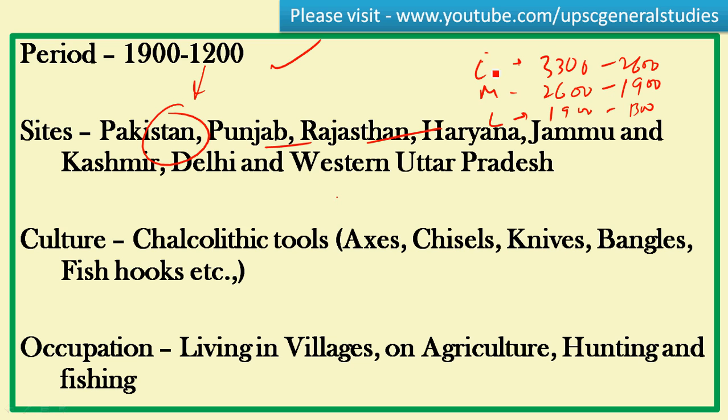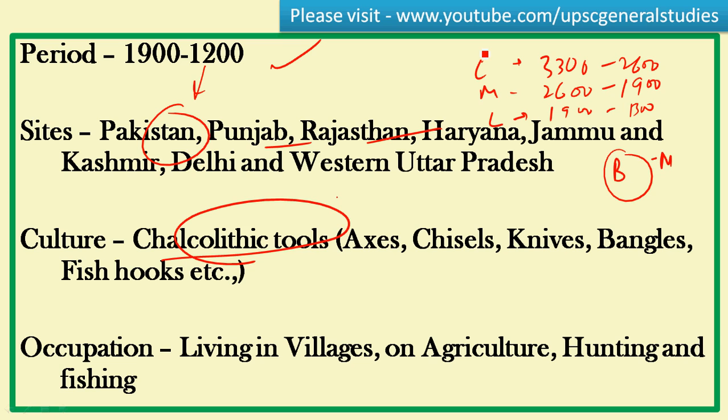These are cruder when compared to the mature Harappan phase tools, which were predominantly bronze tools. So the quality started declining once the civilization entered the late phase.